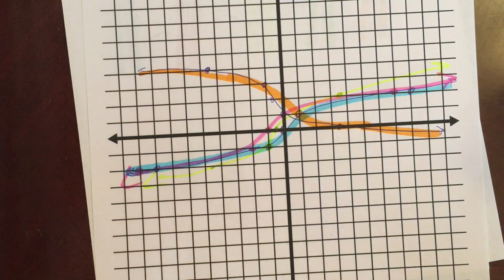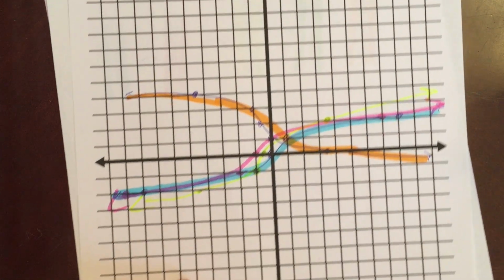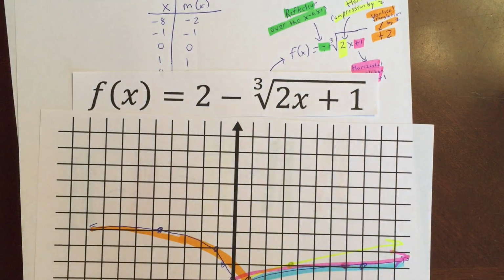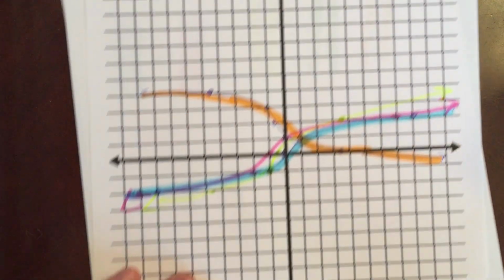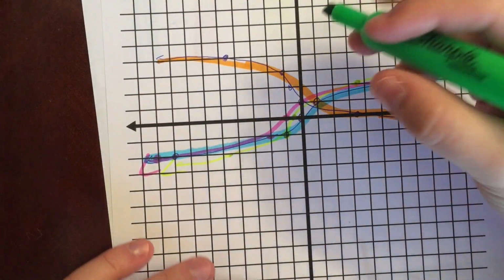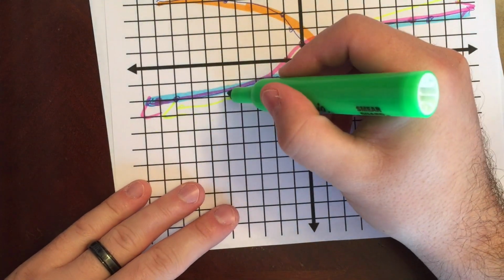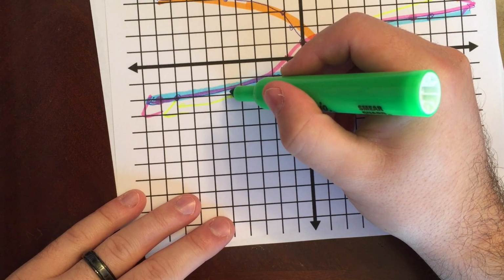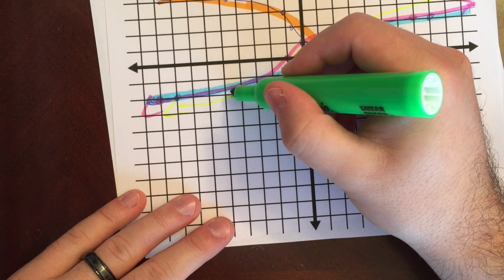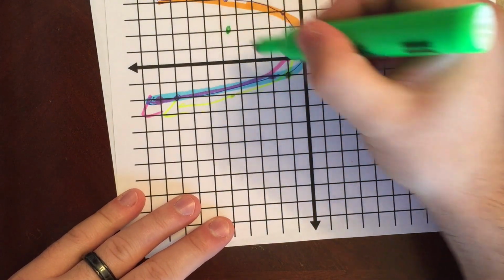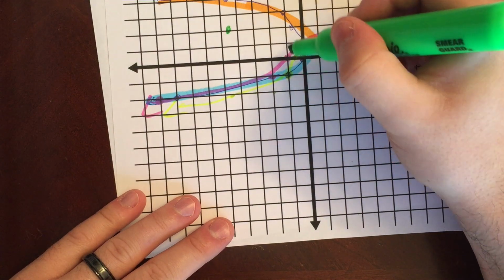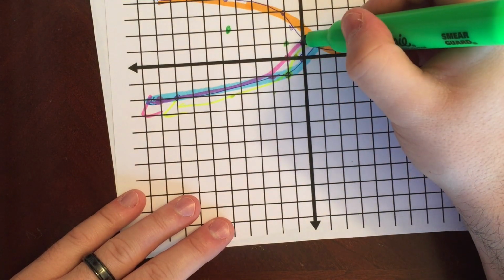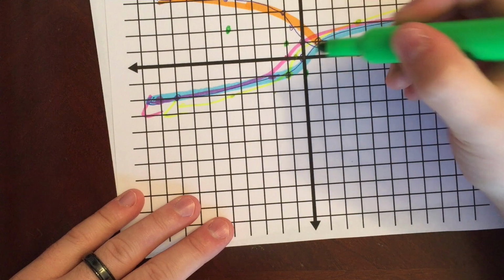Okay, then the green, the negative 1, is a reflection over the x-axis, so we're going to take every point and reflect it. So this negative 4.5, comma negative 2 is going to go up to here. This point's going to reflect to here. That point's not going to move. This point's going to reflect down here.